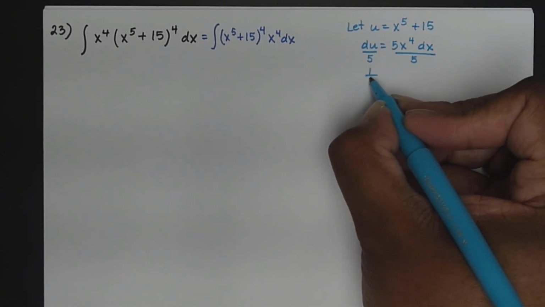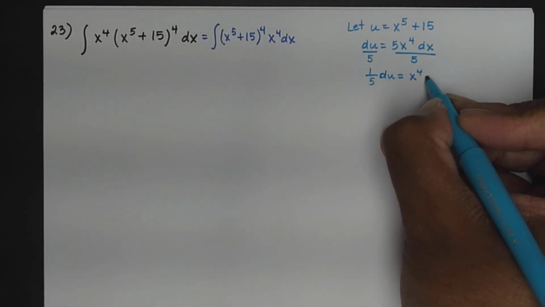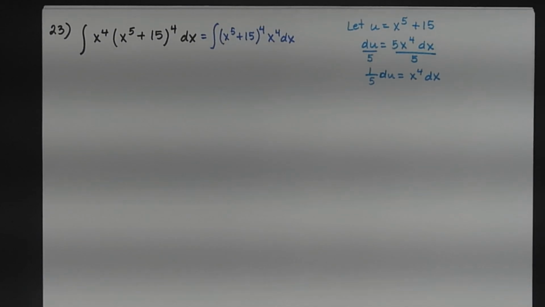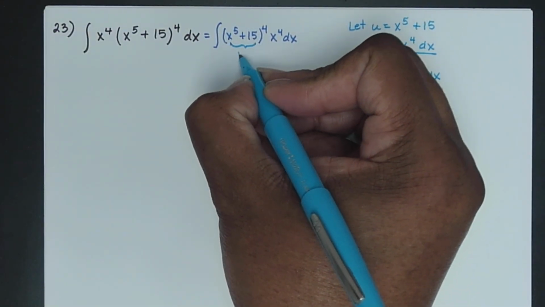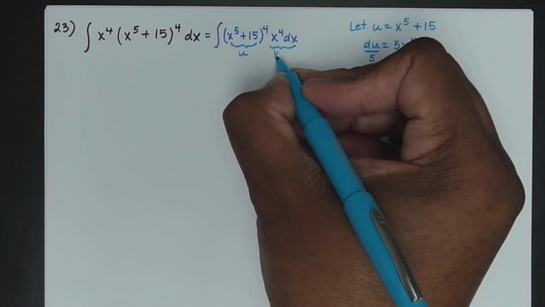So I have 1/5 du equal to x to the 4th dx. Now I can go ahead and make the substitution. So this x to the 5th plus 15 would be your u. X to the 4th dx is going to be 1/5 du.